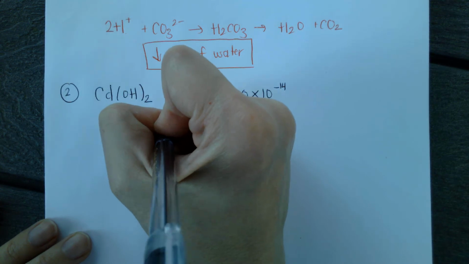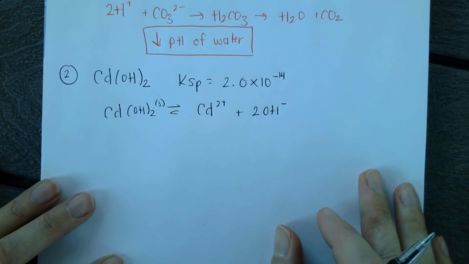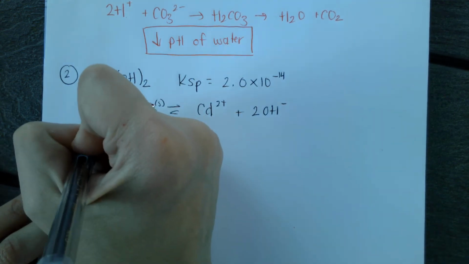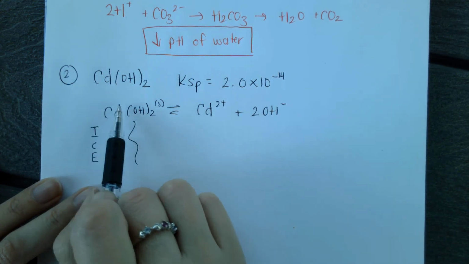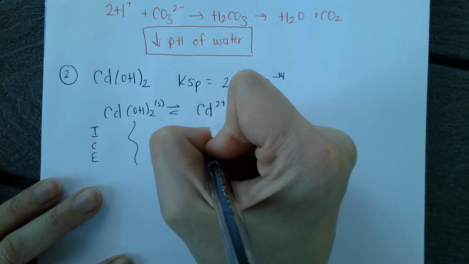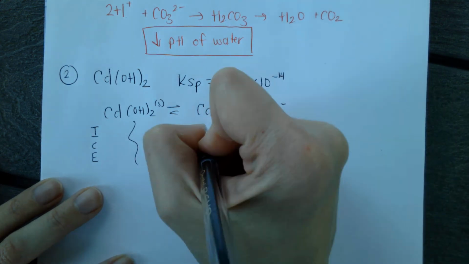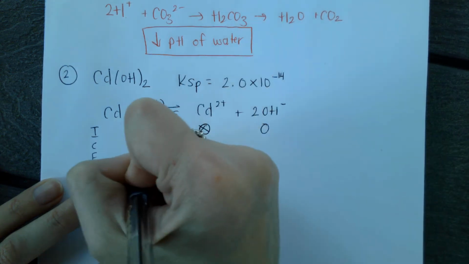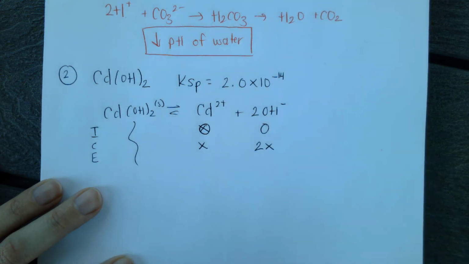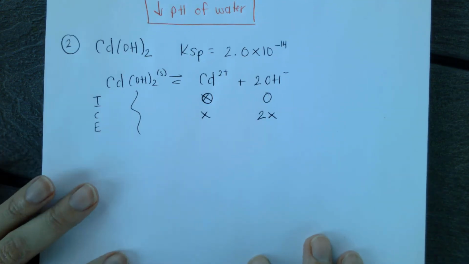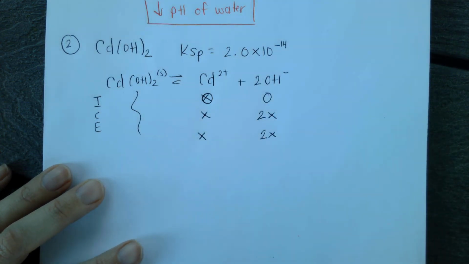Same thing if we're going to calculate the solubility, we don't consider the solid, but when this breaks apart to produce ions, it is 0 initially. In our change, we make X amount of cadmium, and we make 2X amount of hydroxide. So at equilibrium, we will have double the amount of hydroxide.